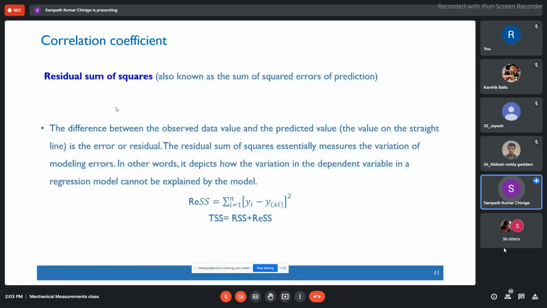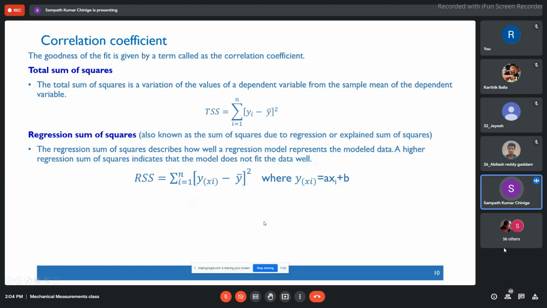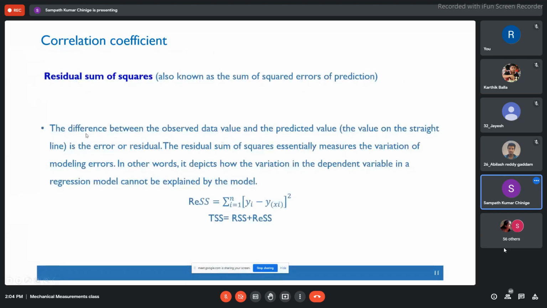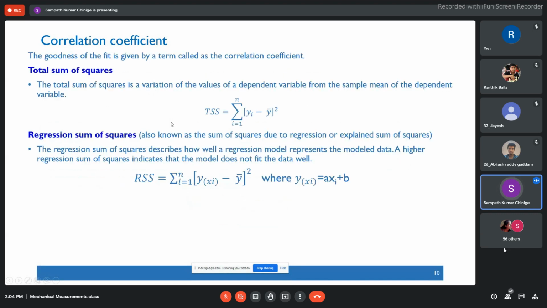So the total sum of squares has to be the total of RSS plus the residual sum of squares. Okay, so now the residual sum of squares will help us find out the actual TSS when we add it to the regression sum of squares.